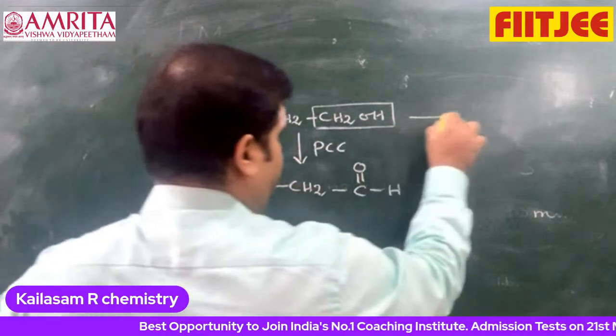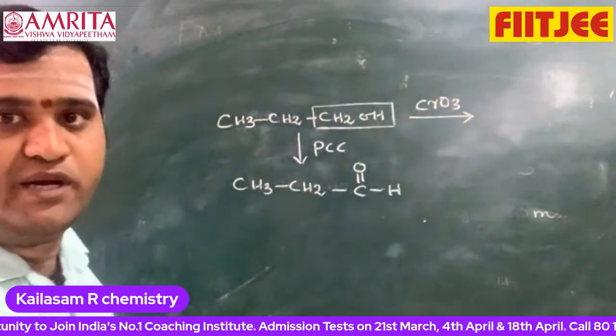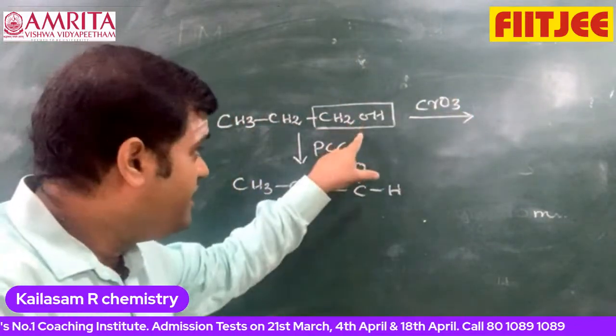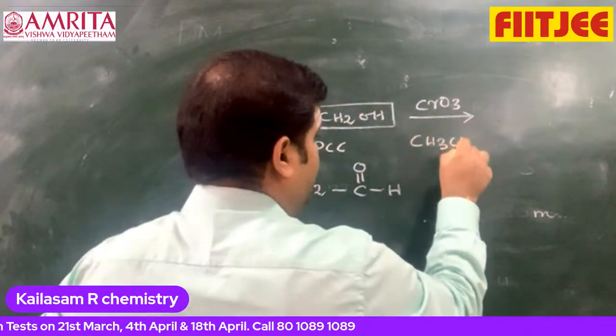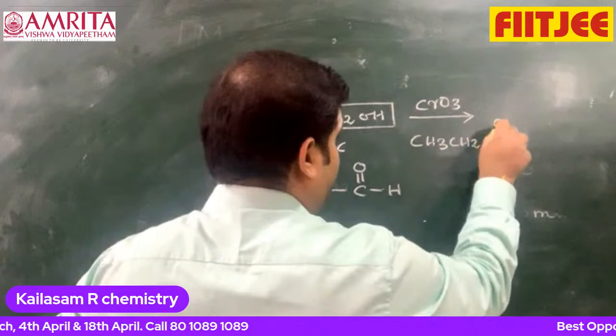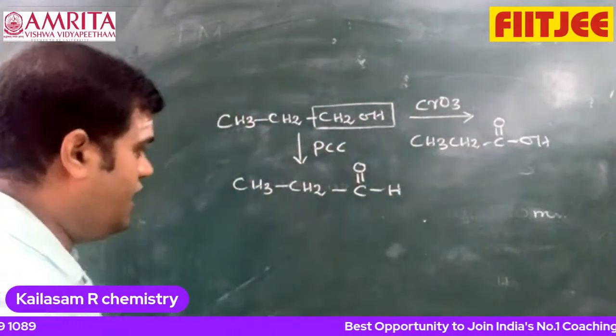But if I'm going to use CrO3 here, what is CrO3? It's chromium trioxide. What happened? Primary alcohol is converted into carboxylic acid. But what about CrO3 for secondary alcohol?